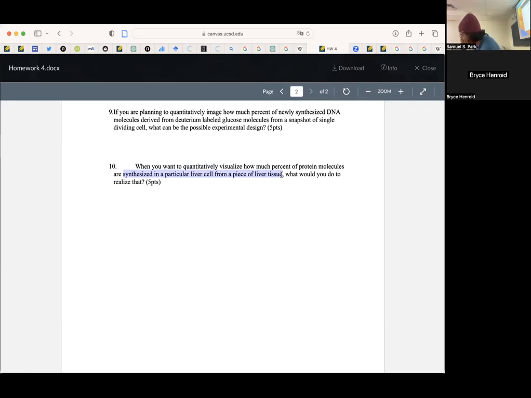But then that means we would have to deliver the isotopes to the person while they're still alive, right? We'd have to locally inject it into the liver while the patient's still alive. And then there's the concern about the toxicity of deuterium or those other carbon-based isotopes. So I don't know, maybe it's in the slides.